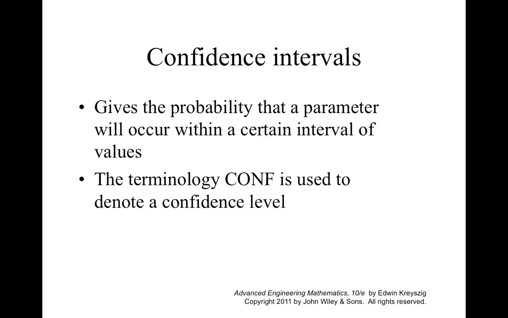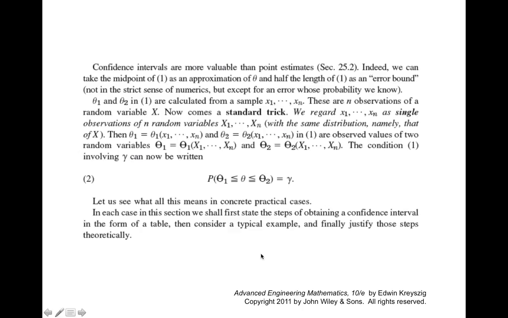That's a confidence interval. So I can say, for example, I'm 95% confident based on statistical indicators that your grade on the next exam will fall between 90 and 100. And we use this terminology CONF to denote a confidence level.